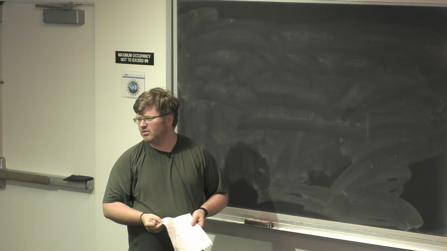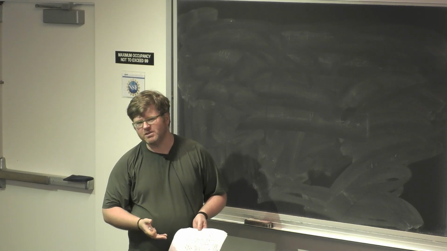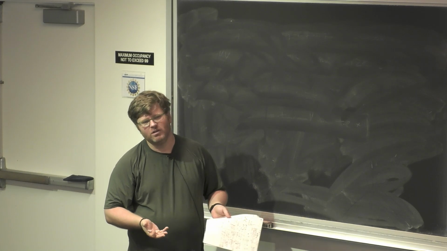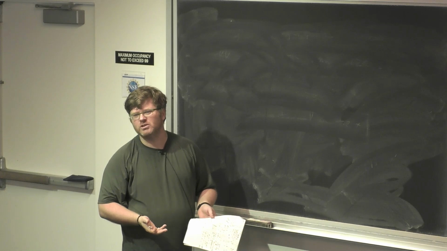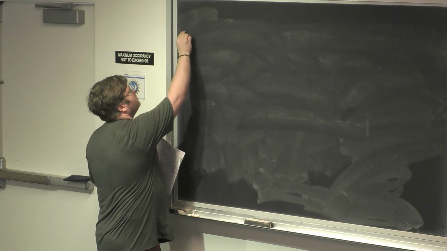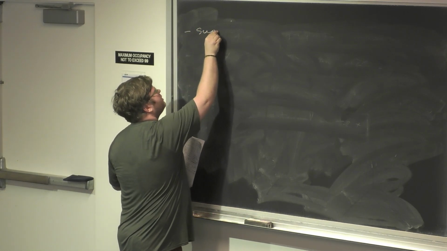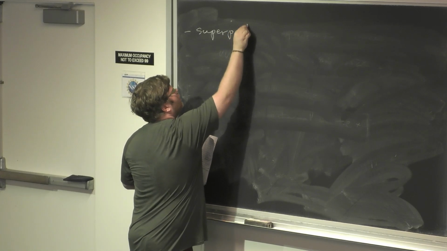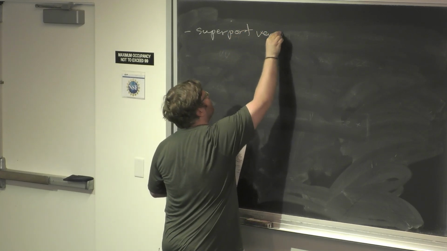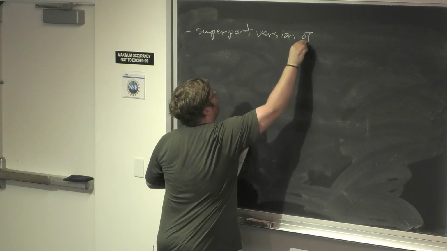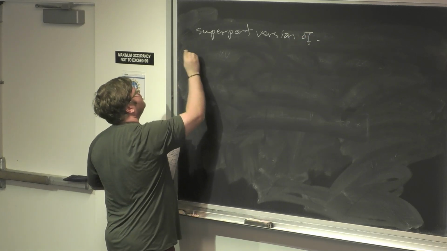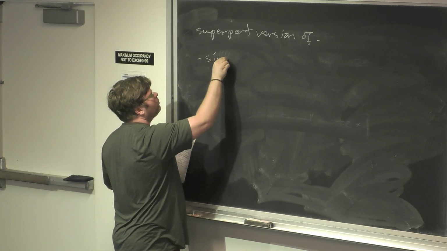So you could ask, what is a superport version of a simple random walk? It seems like a very natural question. We don't know what the answer is. So that's the first: what is a superport version of simple random walk?